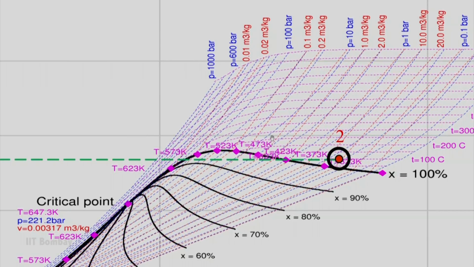You can see that as soon as I start locating, I come inside the dome here, and therefore it indicates that the state is in the 2-phase zone, or wet steam, while state 2 is in the superheated zone, which I could see directly. State 1 happens to be wet steam, and the point would lie somewhere over here.